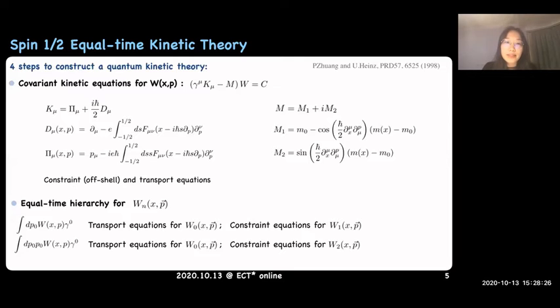The presented ones are for a fermion system with chiral condensate, but with mean field approximation. And then from the covariant kinetic equation, one constructs the equal time hierarchies for the infinite moments of the equal time Wigner function. But the lucky thing is that generally only the lowest 3 moments are involved for a collisionless system.